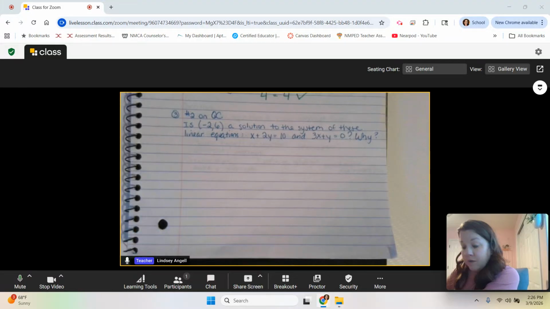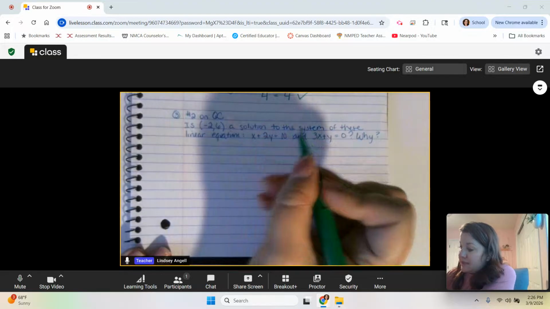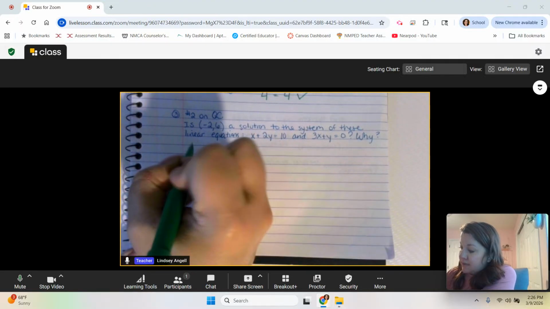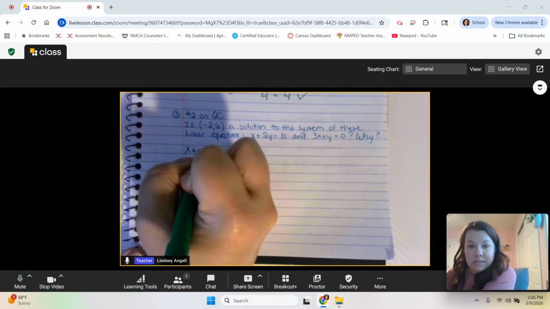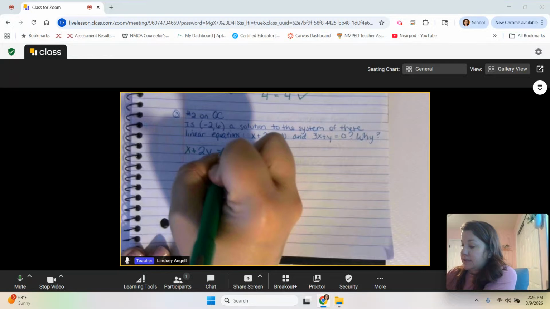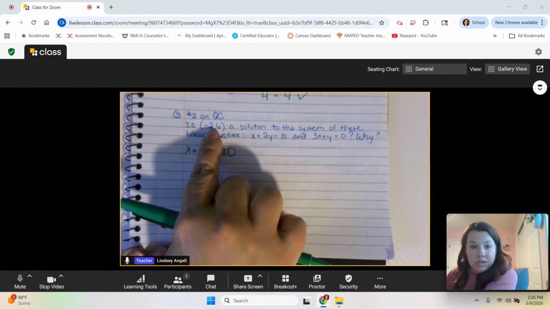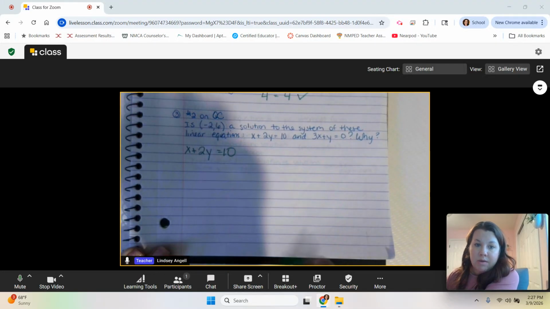Okay, so first off, we need to figure out yes or no. All right, so with this, I'm going to take both equations. Let's see, first I have x plus 2y equals 10. And here's what I'm plugging in. I'm plugging in this first number for x, the second one for y.